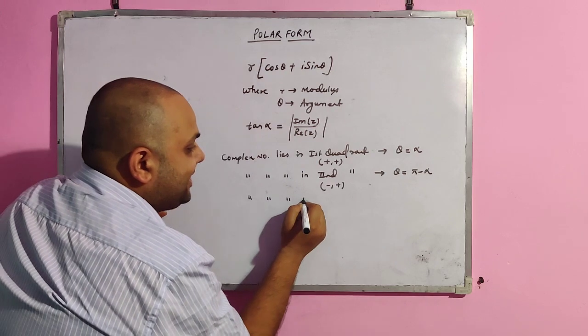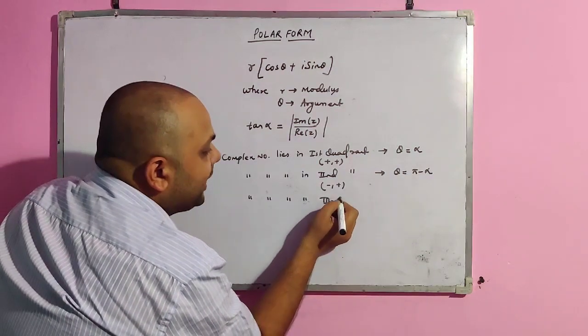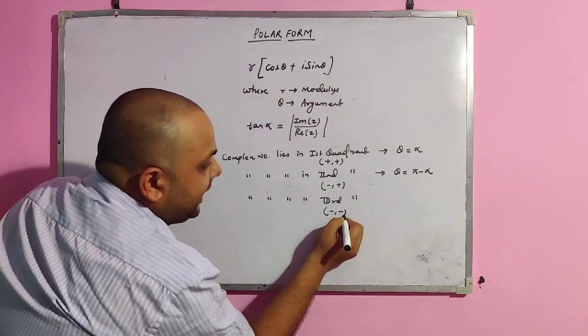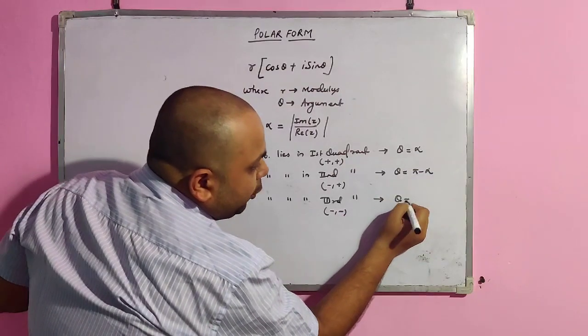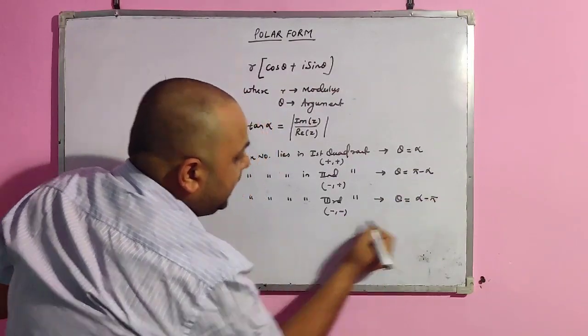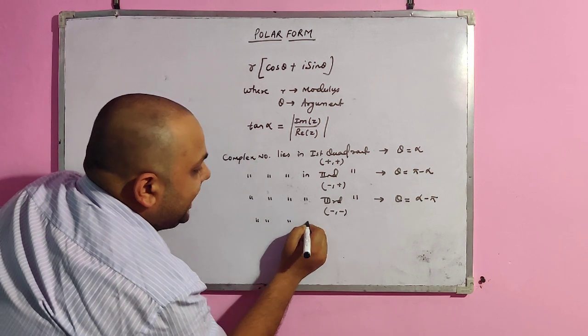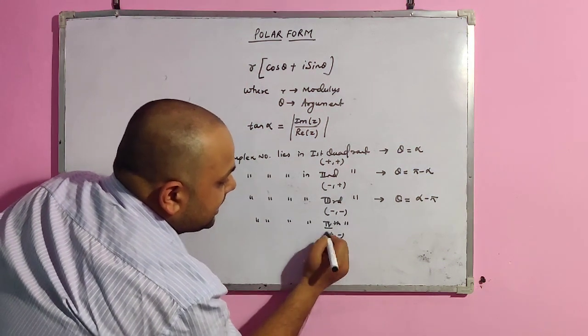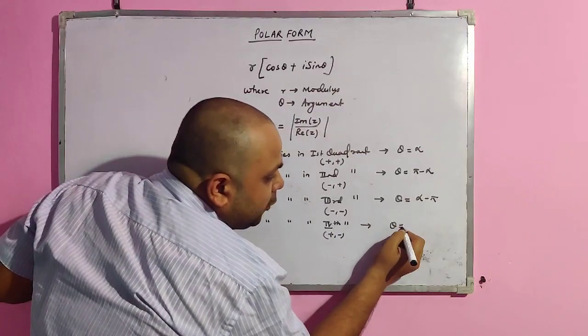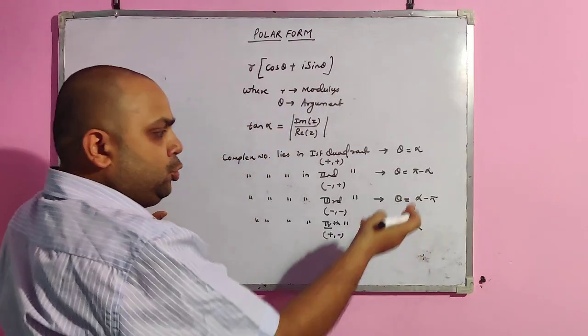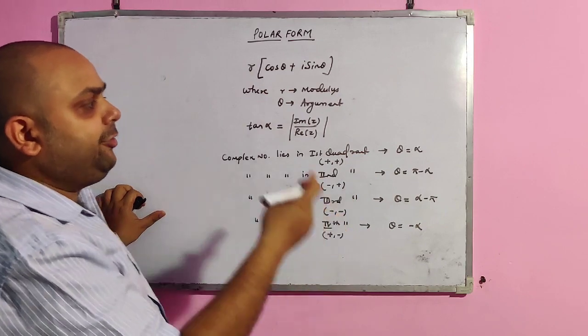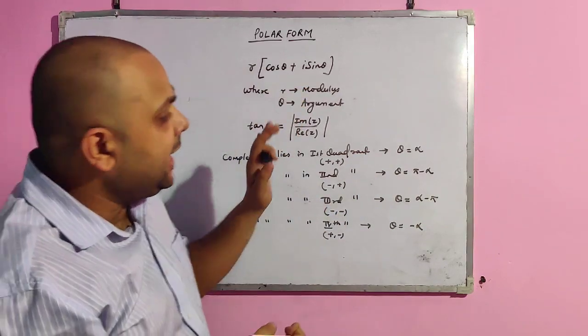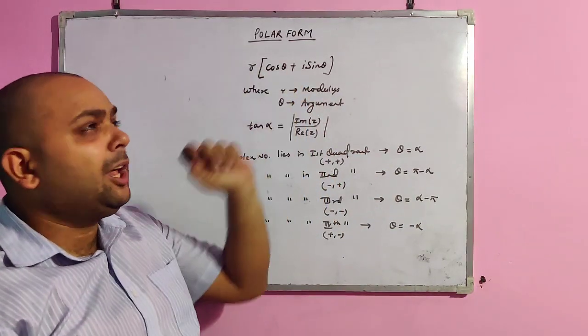If it lies in the third quadrant, negative negative, theta can be calculated as alpha minus pi. And if it lies in the fourth quadrant, plus minus, then theta is equal to minus alpha. So using these four concepts we can calculate the argument and substitute the value in this polar form.